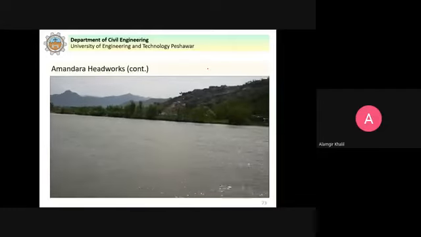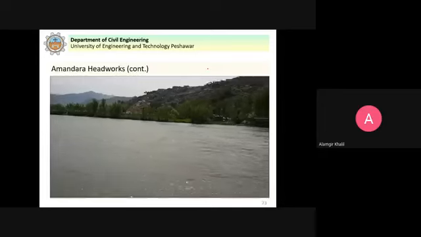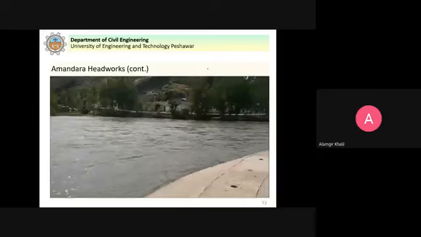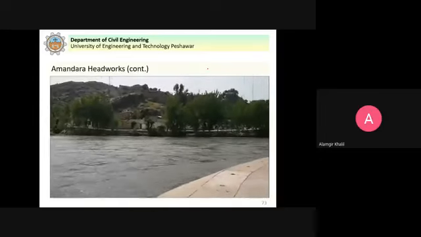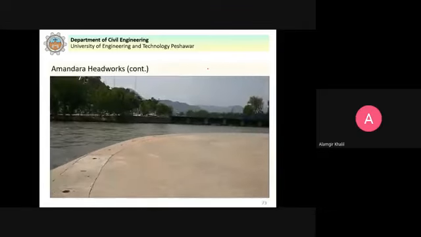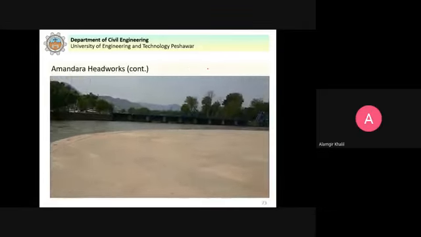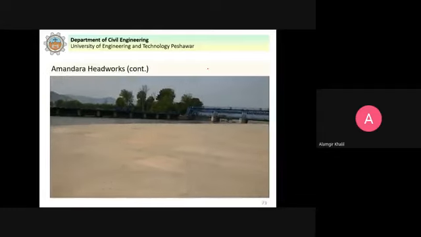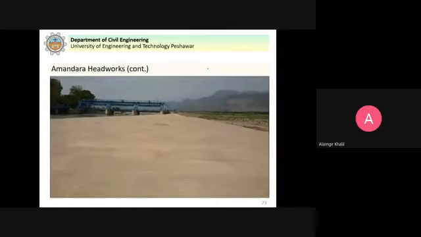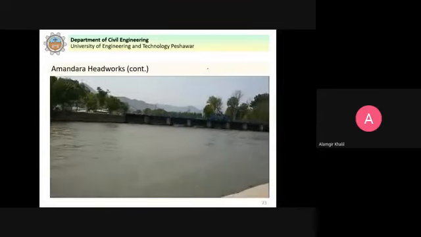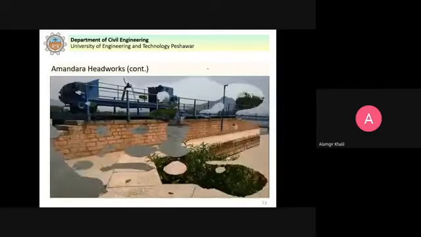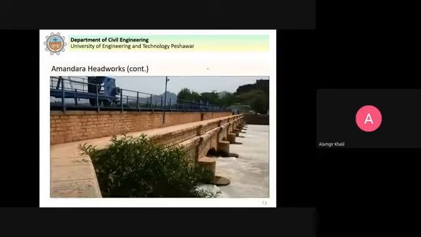This is Swat River. This is the head regulator.